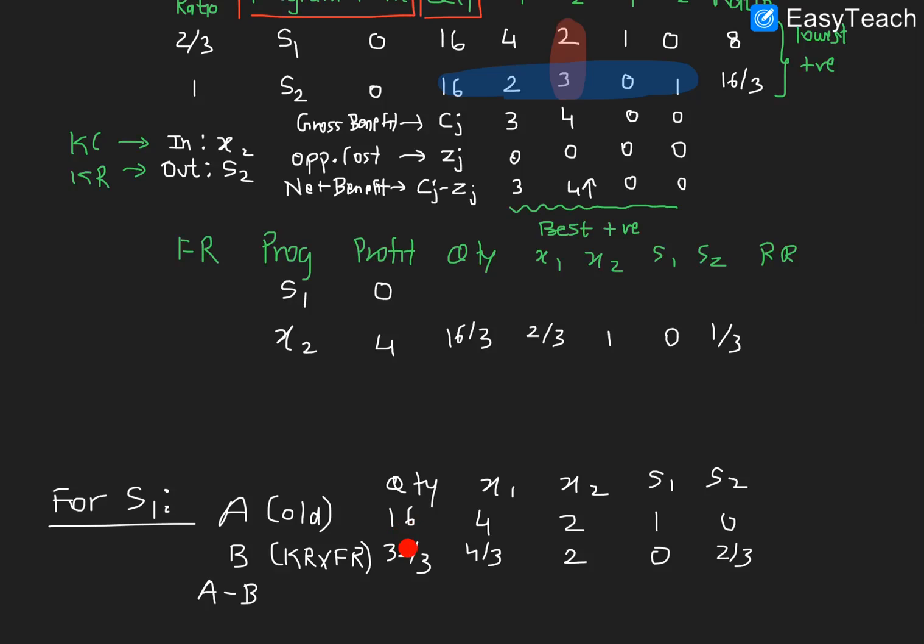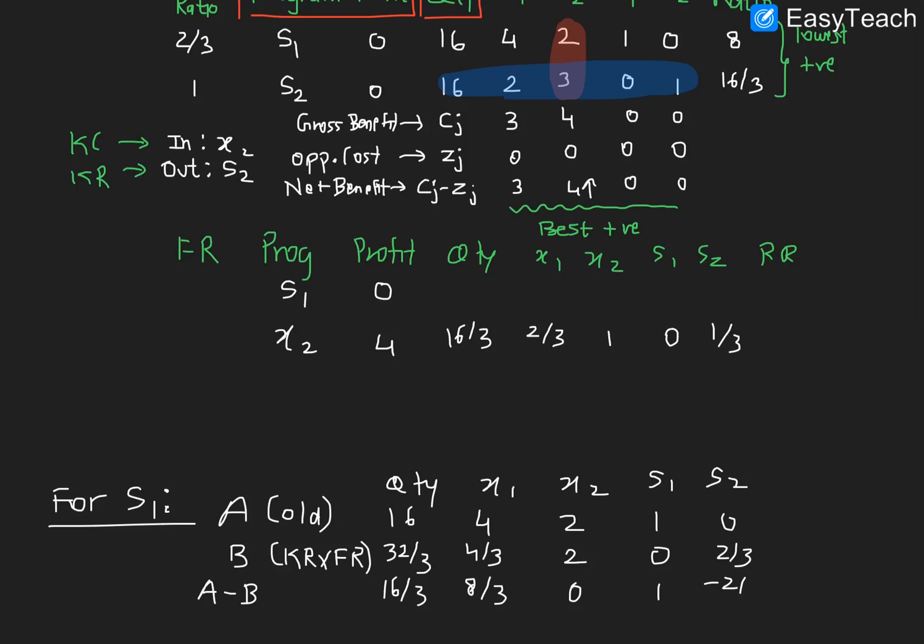Then A minus B, so we need to subtract: 16 minus 32 by 3. It involves a bit of arithmetic calculation, and make sure you keep the numbers in fractions only, don't convert them into decimals. So here we have 16 by 3, then 4 minus 4 by 3, which gives you 8 by 3.